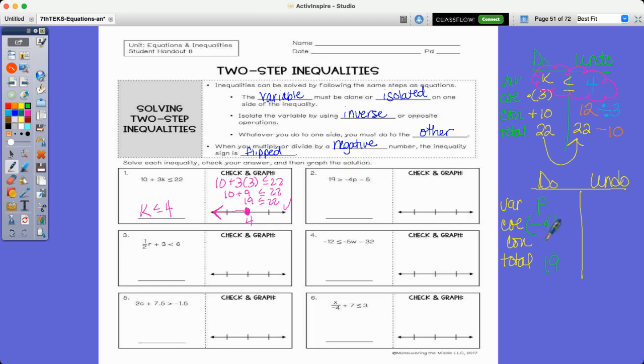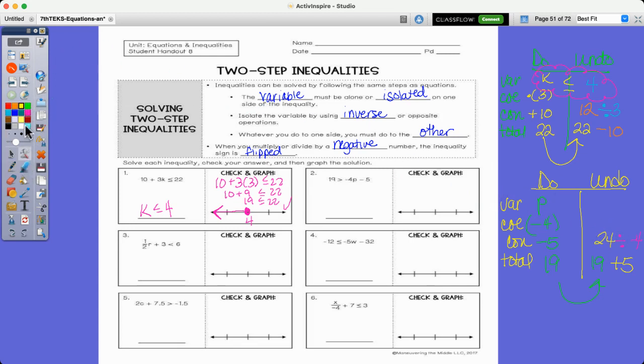And my constant is negative 5. Lots of negatives here. So we're going to bring this around. And I have 19. The opposite of subtraction is addition. So we're going to add. 19 plus 5 is 24. The opposite of multiplication is division. So I'm going to divide by negative 4.